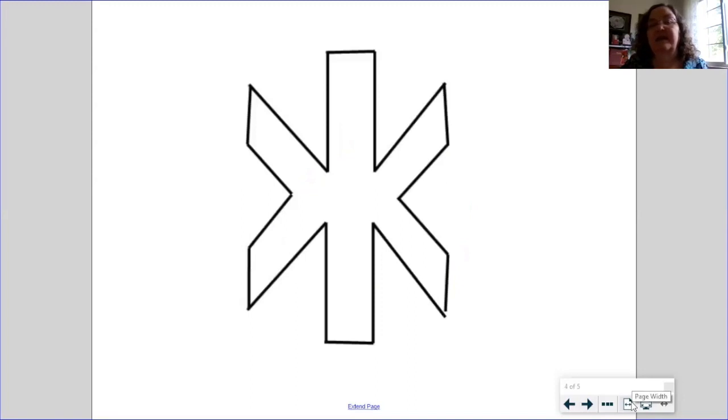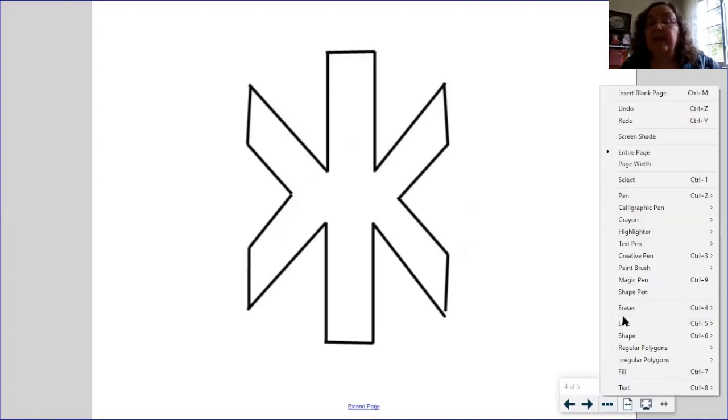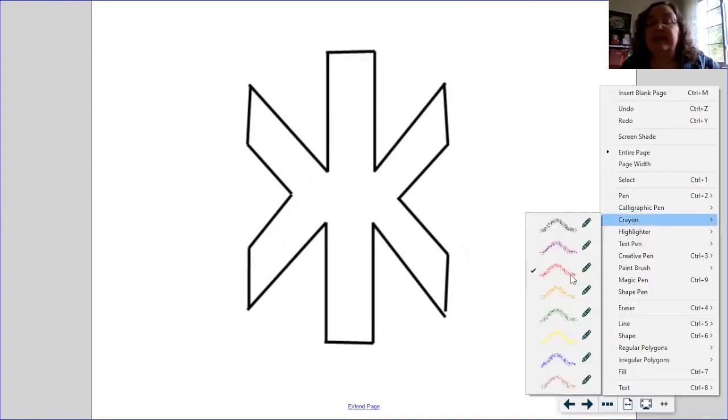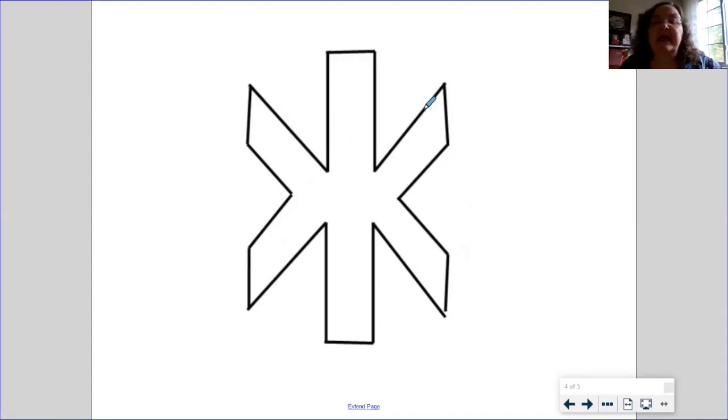This is an 18-sided shape that Axel drew, and I just thought it was so fun. I thought we could use this shape to find the perimeter. So once again, let's take our crayon and let's color the perimeter of this fun shape that Axel came up with.